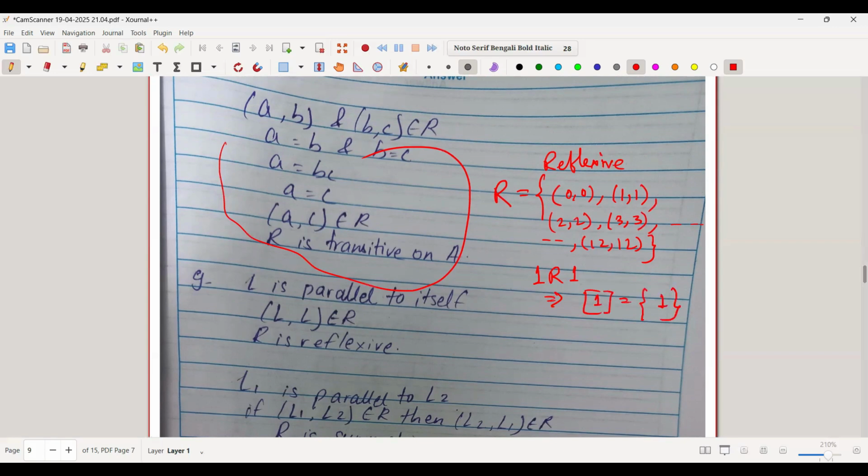Here, every class from 1 to 12 contains only one element, that element itself. So this is something to be noted.